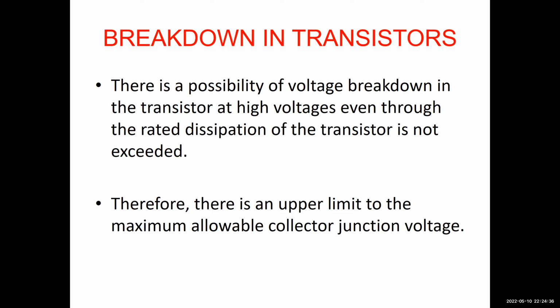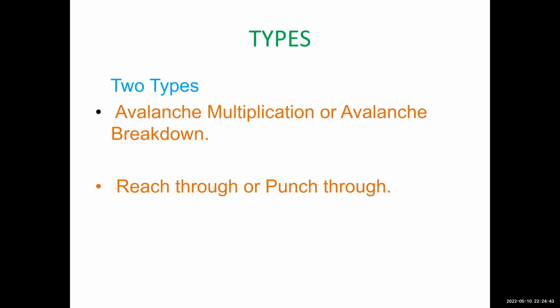Based on that, we have two types of breakdown in transistors. One is avalanche multiplication or avalanche breakdown, which is exhibited due to thermal heat, and the second one is reach through or punch through. That is related to the concept of the early effect.